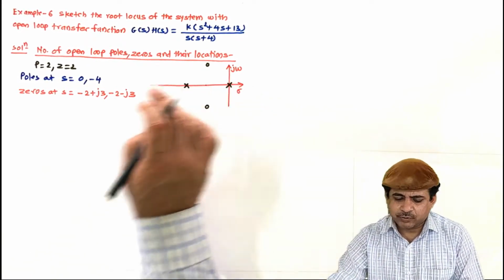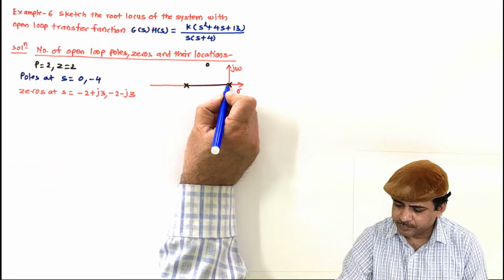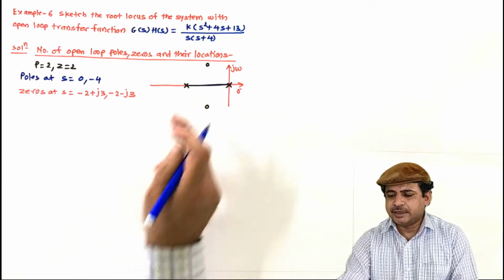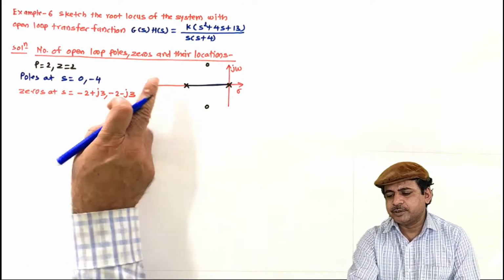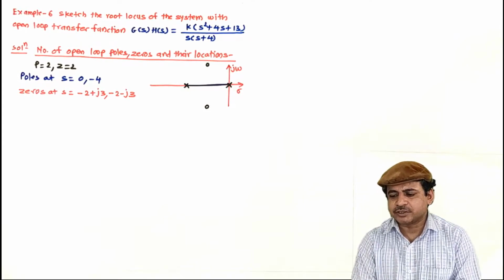So in this case, what we can see, the root locus exists in this region, and if we go beyond this, there will be 4 poles plus zeros, that is even, so root locus does not exist.